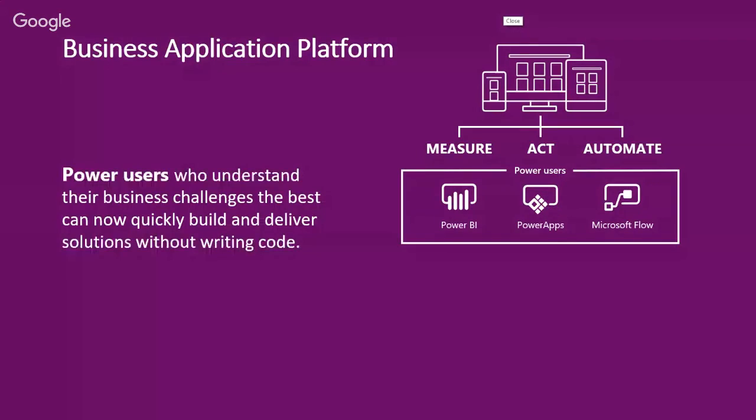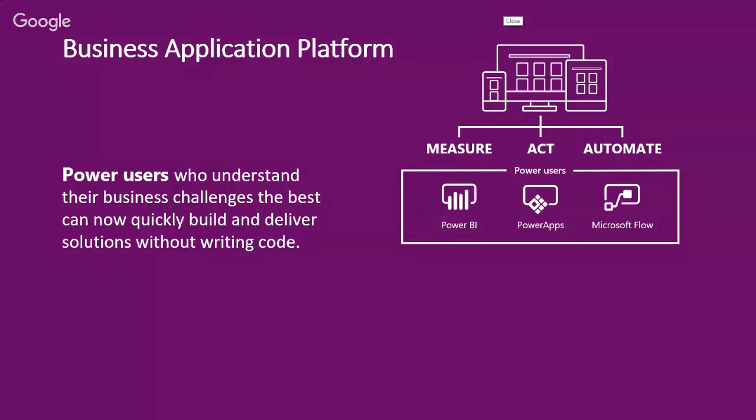The business application platform has basically 3 tiers I want to tell you about. The tier that I'm working in today is called the Power User tier. And this is where we find PowerApps in the center under the ACT model. So PowerApps helps you to do transactions such as create, read, update, and delete in data sources that you select. Power BI to my left is helping us to measure or to analyze that data.